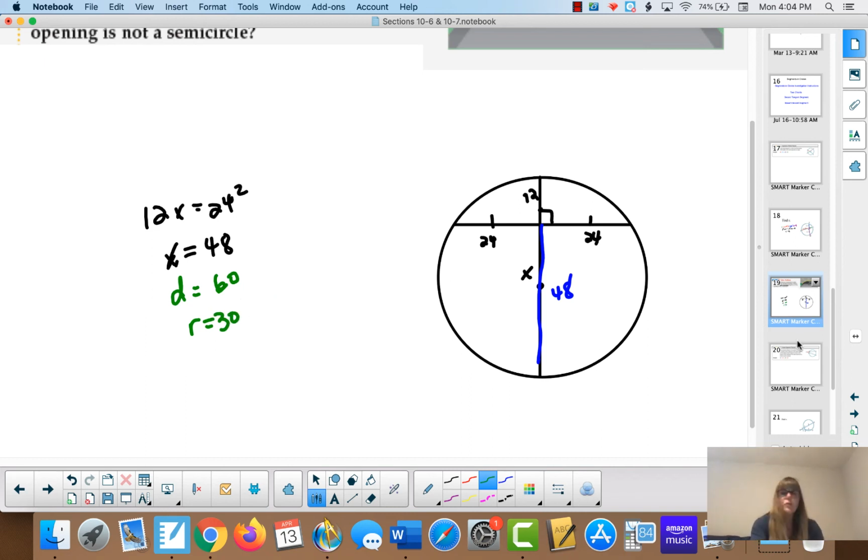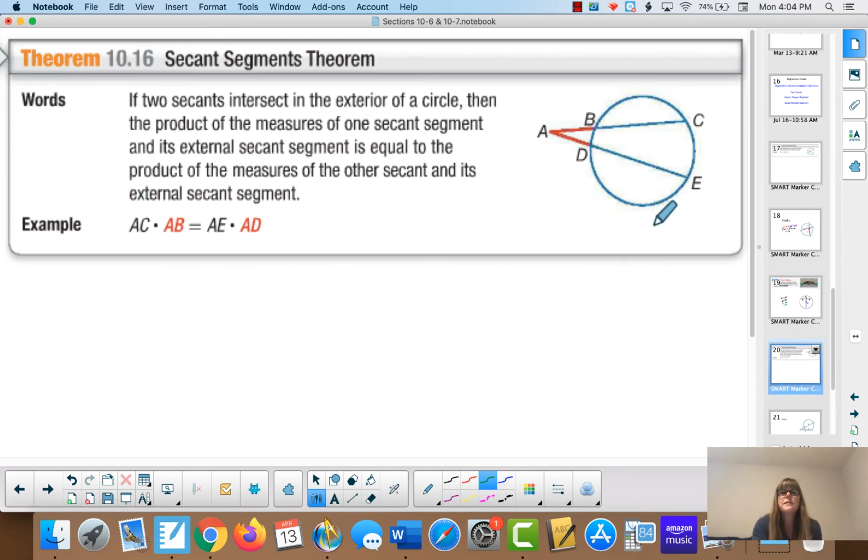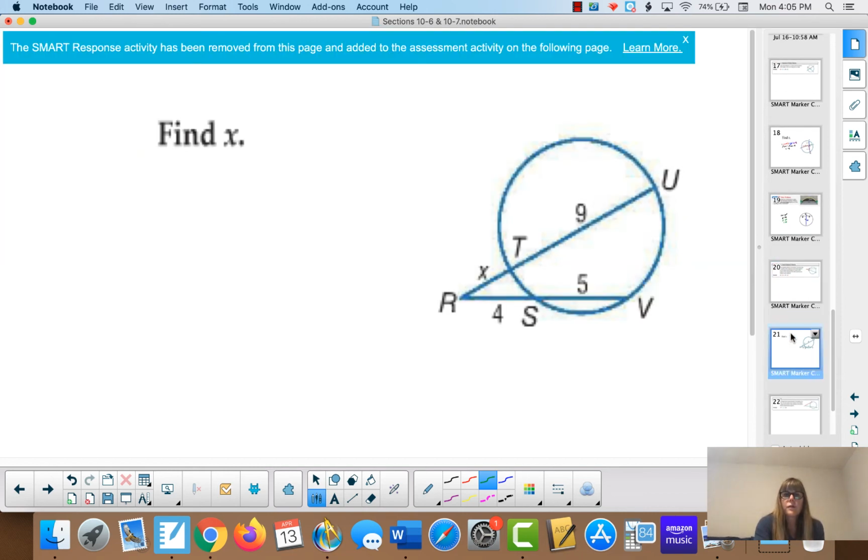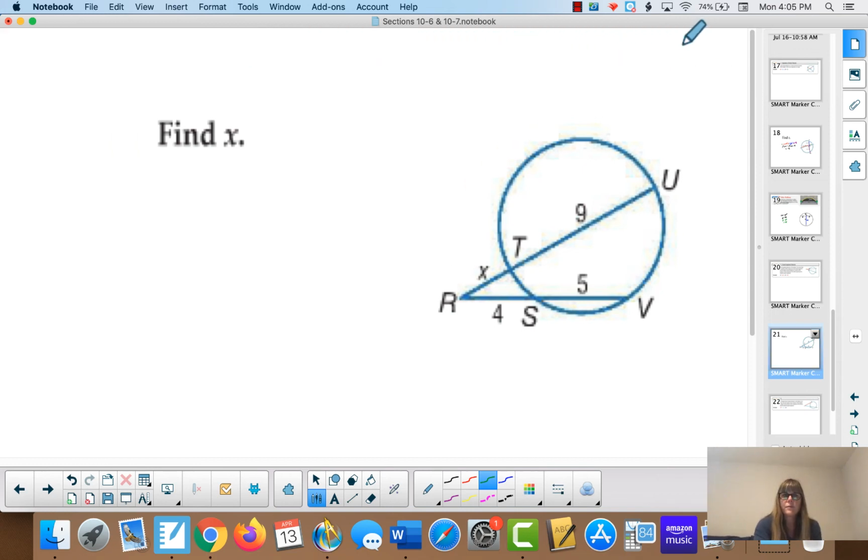All right, using our next formula, the secant, that's our whole times the outside equals the whole times the outside. So in this case, we want to be careful because this is the outside and this is the whole.